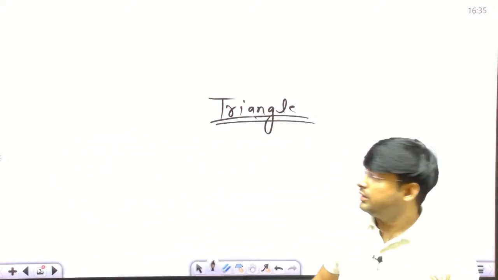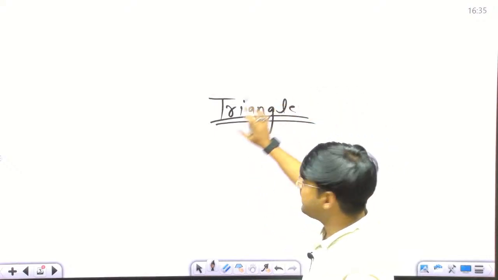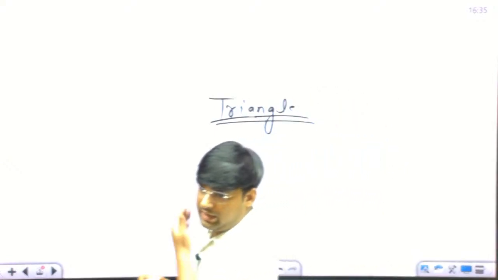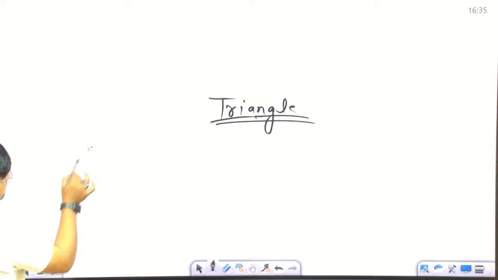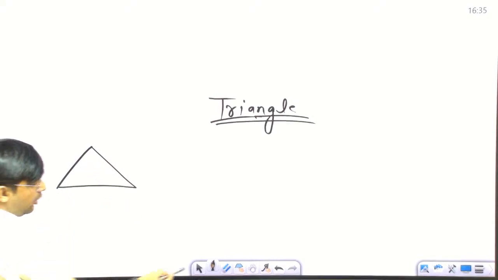We will learn. First of all, we will learn triangle counting, and you know some basic concept of triangle counting. For example, how many triangles in this figure?